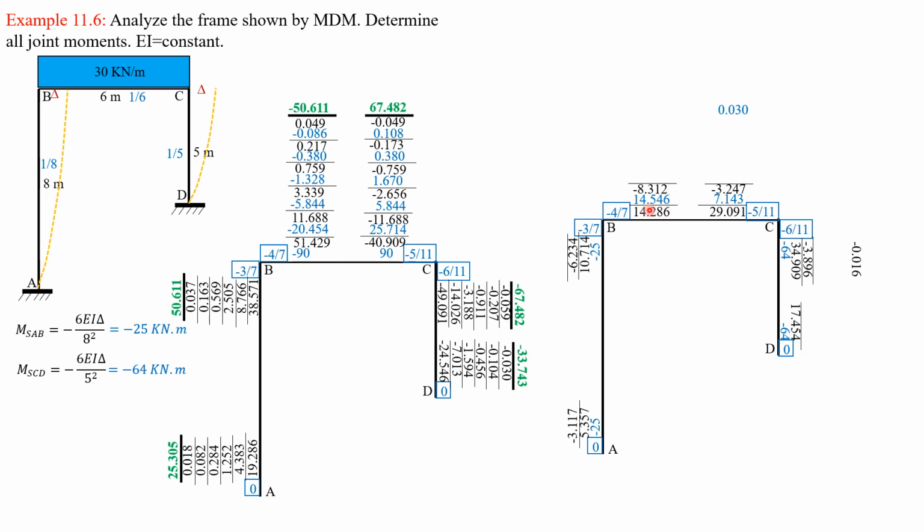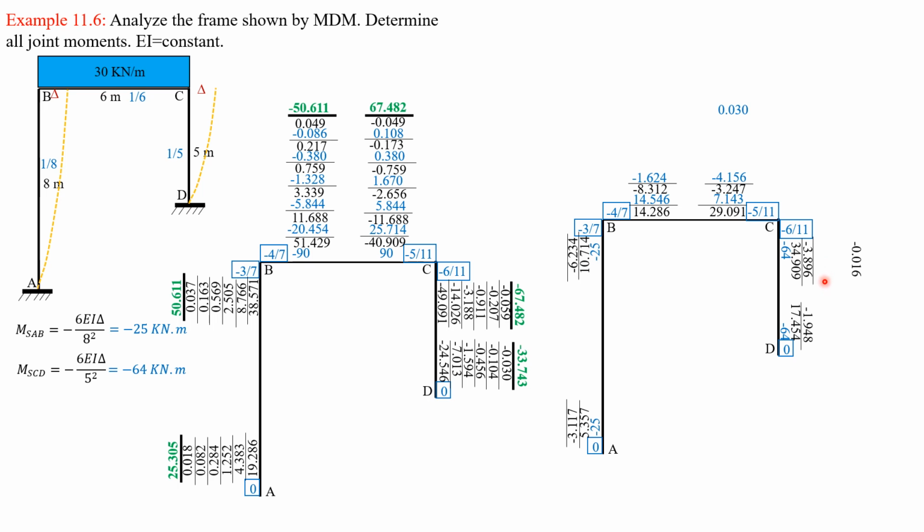We begin with this joint: 14.546 times negative 4 over 7, negative 8.312. 14.546 times negative 3 over 7, negative 6.234. 7.143 times negative 5 over 11, negative 3.247. 7.143 times negative 6 over 11, negative 3.896.